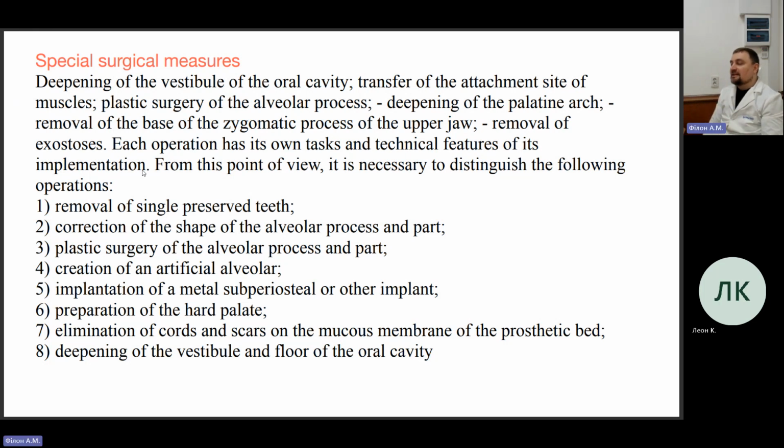What does it mean? It means if you prepare to place any plastic prosthetics on the area without teeth, it's going to be impossible till the moment you prepare that area surgically.